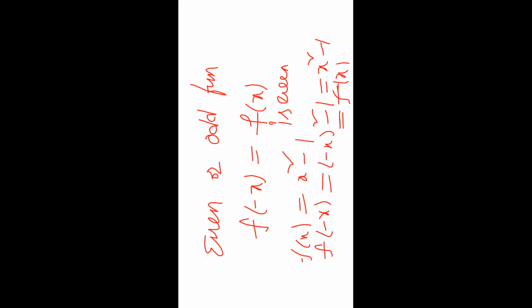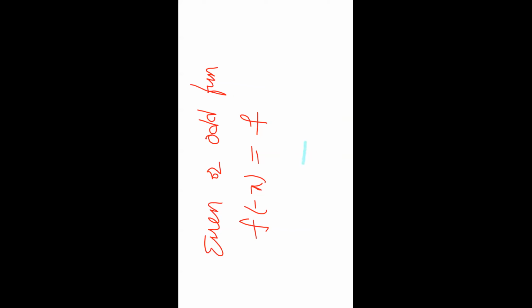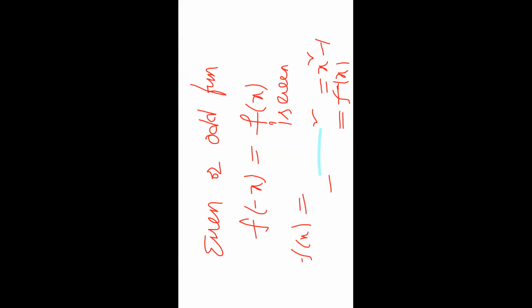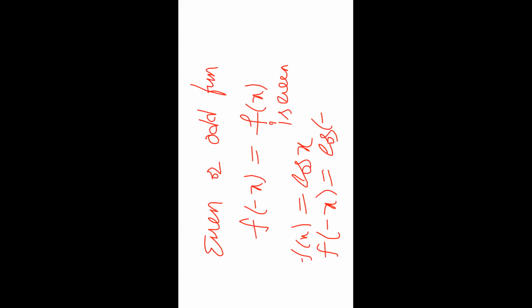And taking another example, f of x equal to cos x. Again replace x by minus x. So cos of minus x equals cos of minus theta, which is cos theta. So we get the given function f of x.